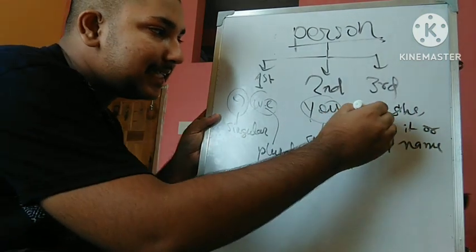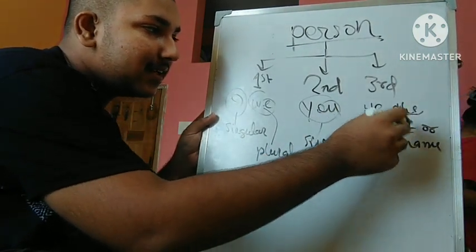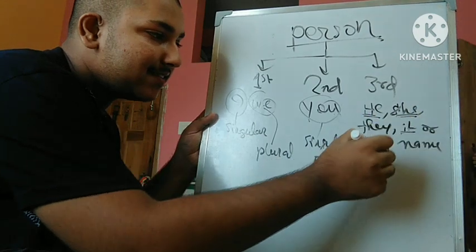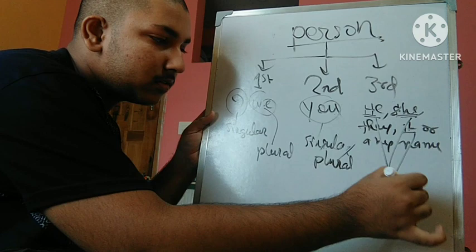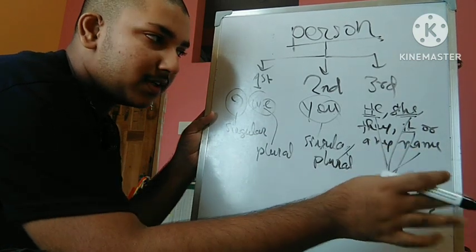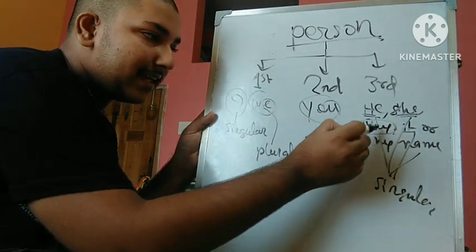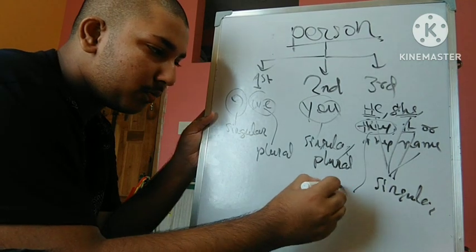And here he, she, it, these three are singular, or any name is singular, and they is plural.